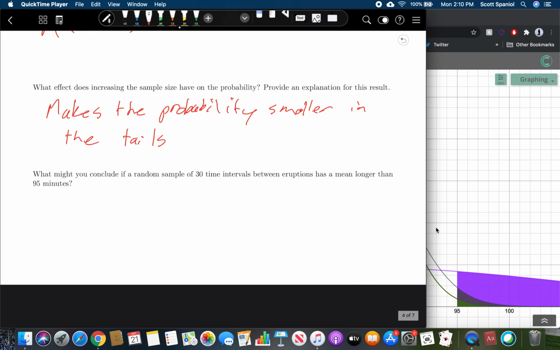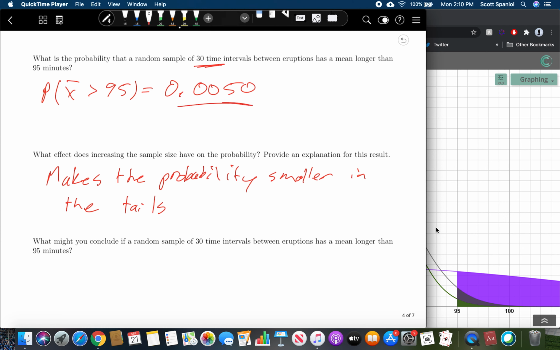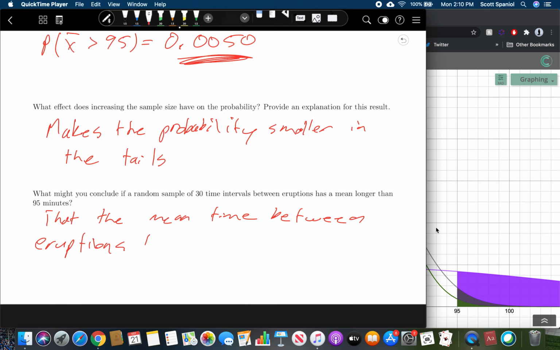So what might you conclude if a random sample of 30 time intervals between eruptions has a mean longer than 95 minutes? Well, that would be highly unusual, right? That probability is less than 5%, a lot less than 5%. So you might conclude that the mean time between eruptions has changed from 85.